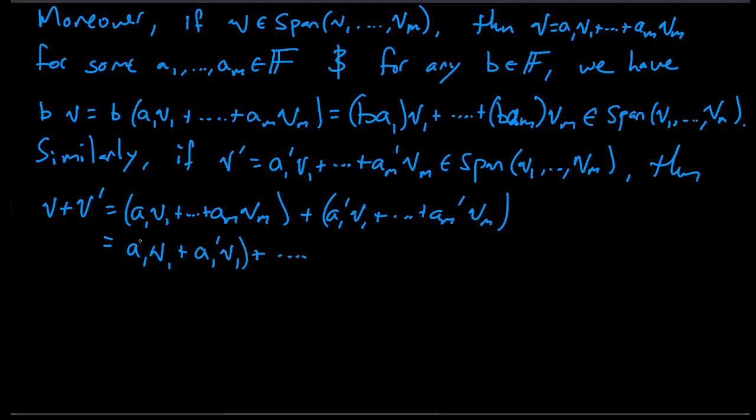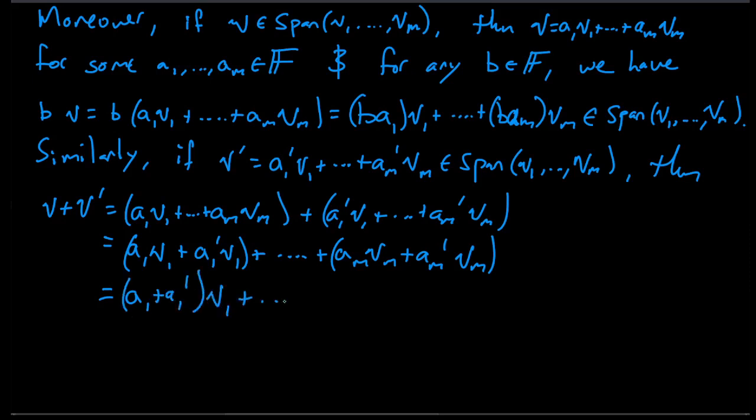So I've just regrouped everything a little bit: am vm plus am prime vm. I'm just regrouping things, putting stuff that has a v1 next to stuff that has a v1 and so on. Okay, cool.